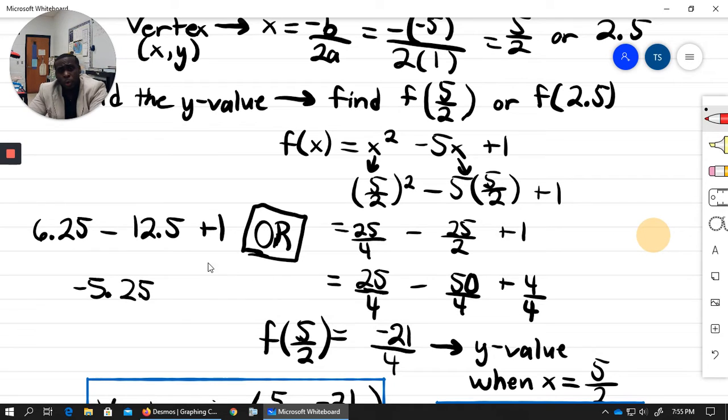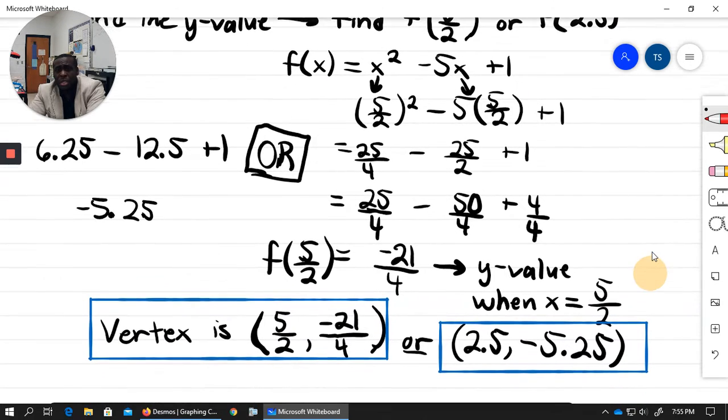Again, for those people who might not be fraction type of people, they're the exact same numbers, whether you write it as a fraction or as a decimal. It doesn't matter. As decimals, that would be 6.25 minus 12.5 plus 1.